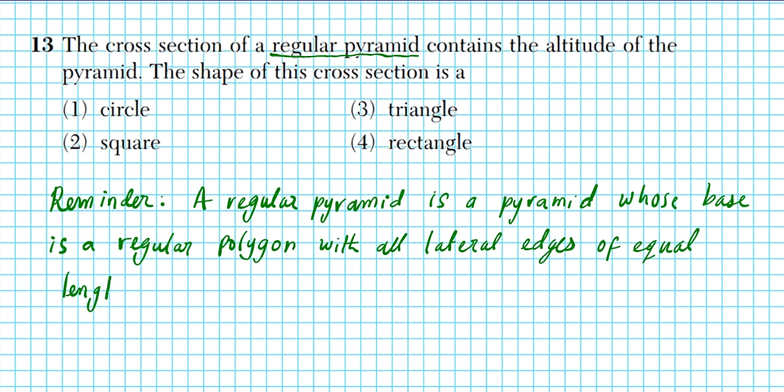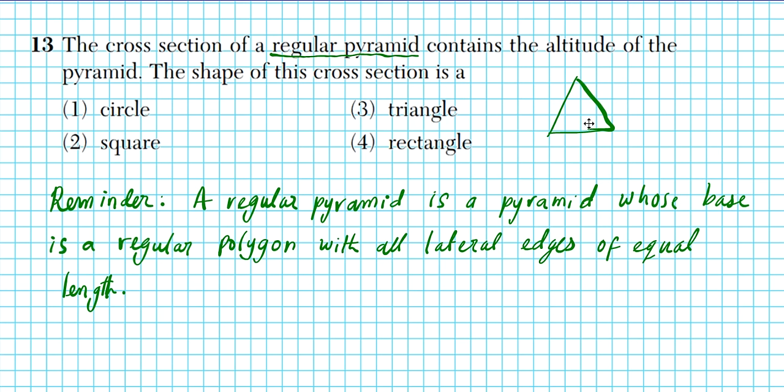Alright, so if you have a regular polygon, then what does the cross section look like if the cross section contains the altitude of that pyramid? Okay, so if you think about the outline of a pyramid, and let's say this is a square pyramid. If you're looking at it from the side like this, and you intersect a plane through it, because the intersection of the plane and the pyramid will give you the cross section.